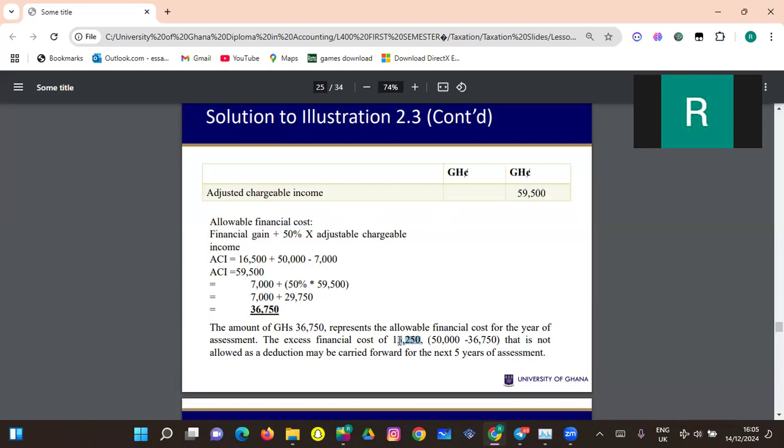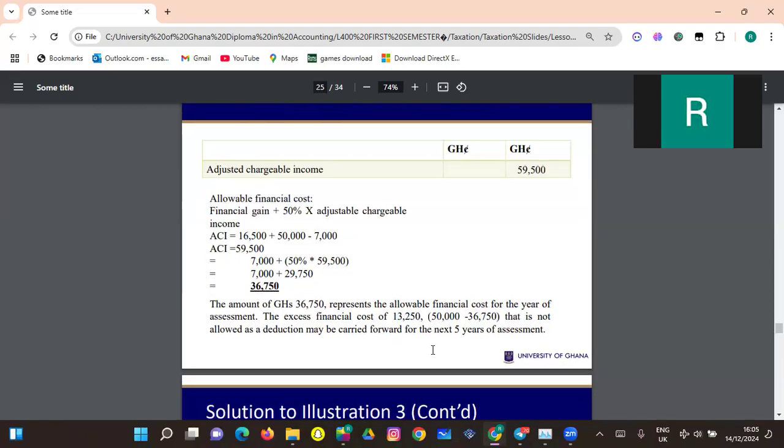Then we see if the finance gain plus 50% of the adjusted chargeable income is still lesser than this, we still take part, and then we still carry the next one to the next year, right?